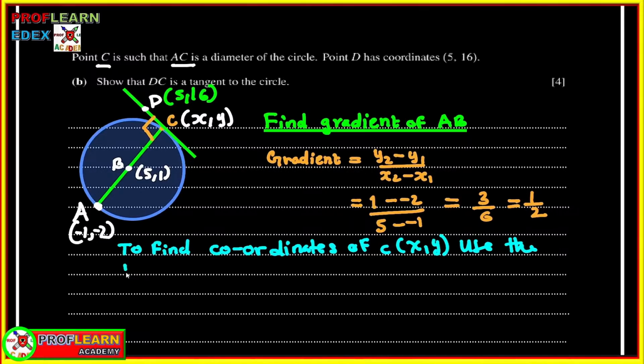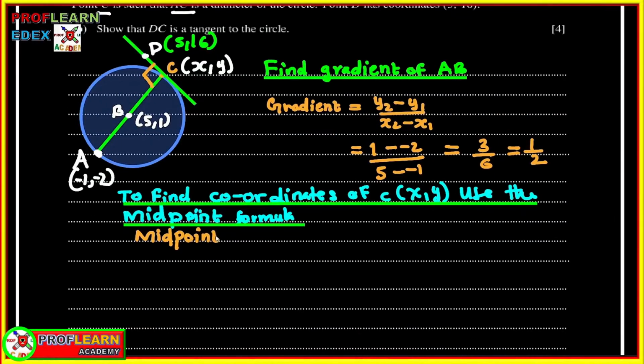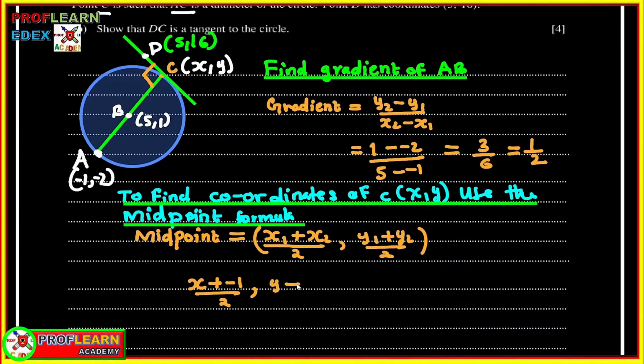I'll use the midpoint formula. Remember, the midpoint is x1 plus x2 over 2, y1 plus y2 over 2. I'm going to use this knowledge to find what my x is and what my y is. If I equate x plus -1 over 2 equal to 5, I'll be able to find the value of x at that point.